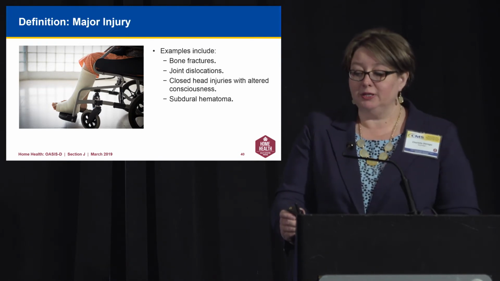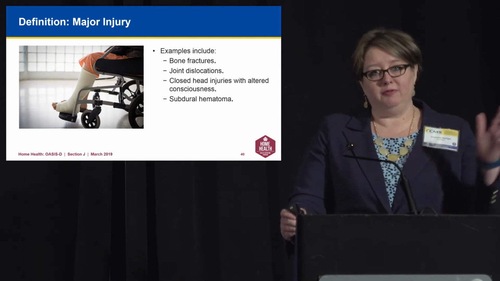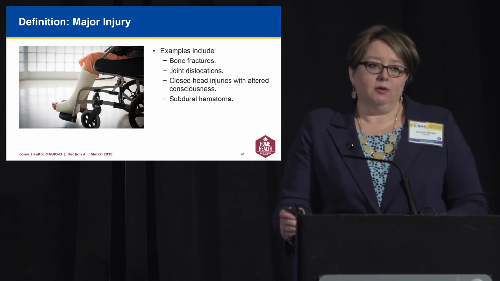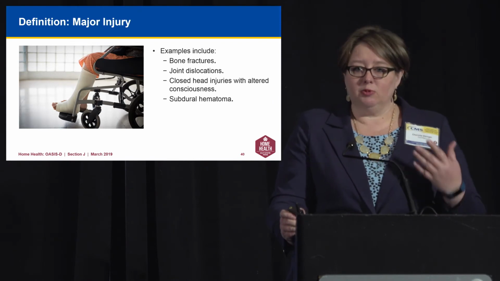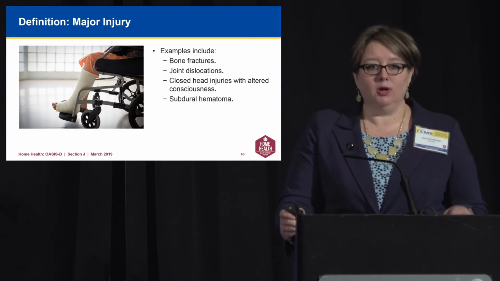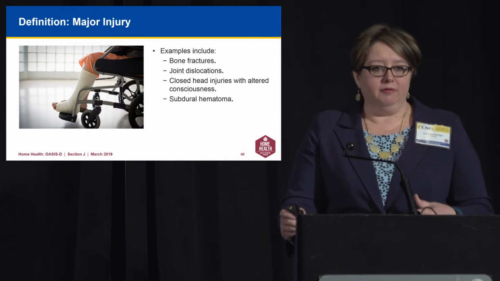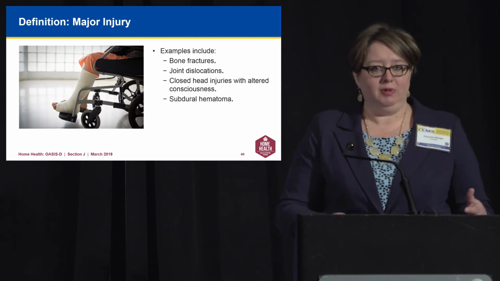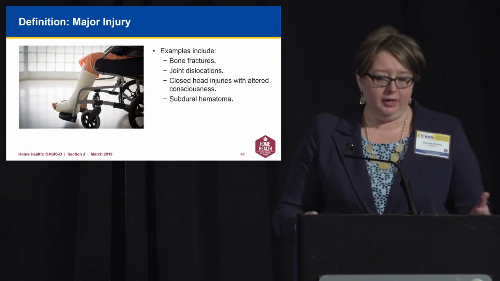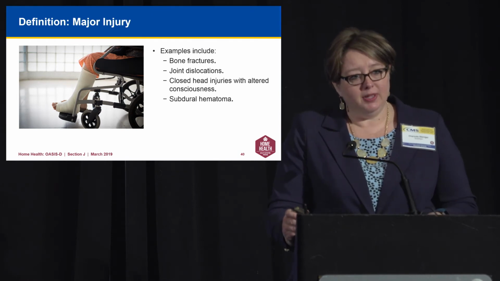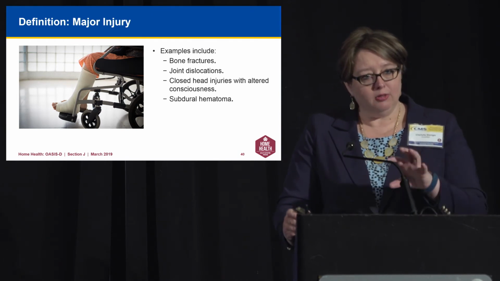So one concept I do want to share, because this did come up now that we've reviewed the different levels of injury, is that when you're coding, there were some questions about treatment. They were like, well, what would happen if the patient had maybe staples from a laceration instead of just a Band-Aid, right? The thing you need to keep in mind is that it's not the treatment that's going to code your level of injury.